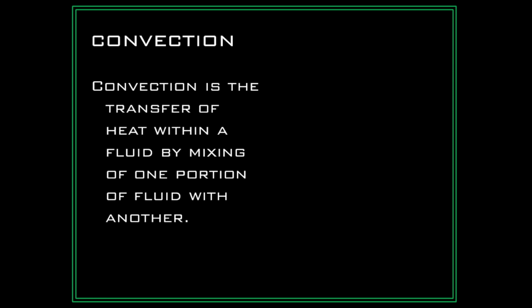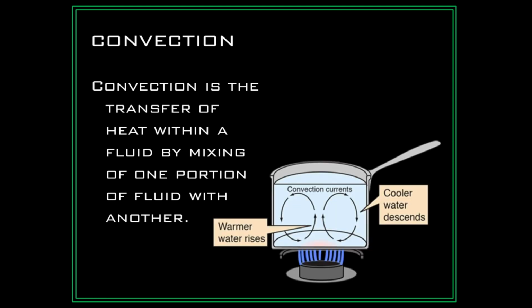But in convection, what is happening is, here you can see, when the inner portion of the fluid gets hot in some portion, I mean to say the bottom part, because it is very hot, the bottom part's density gets changed because of the temperature.